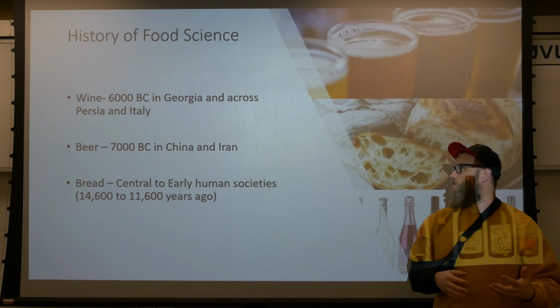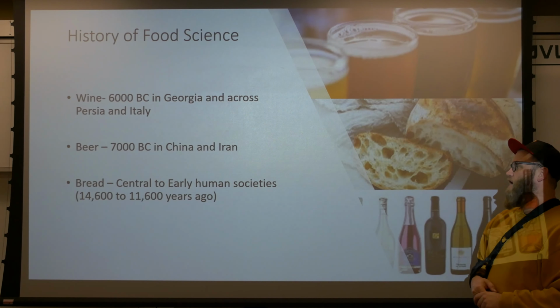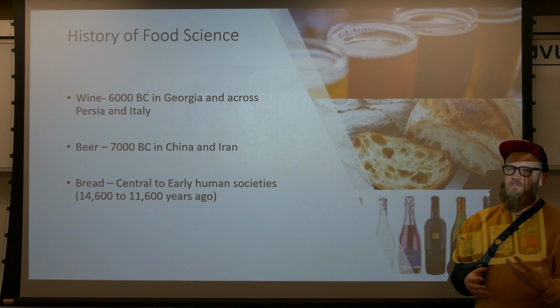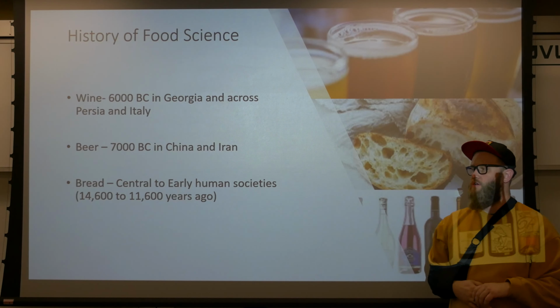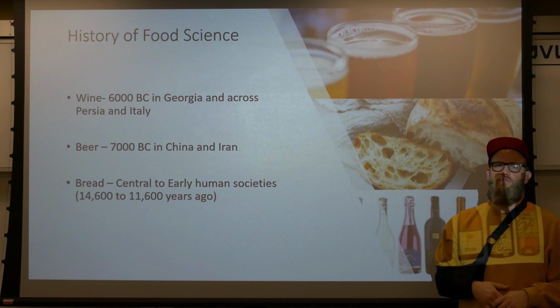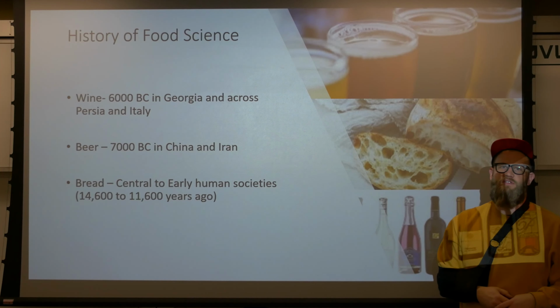Beer, even a little older than wine. It's found in China and Persia, and bread as well, central to the organization of early human societies.